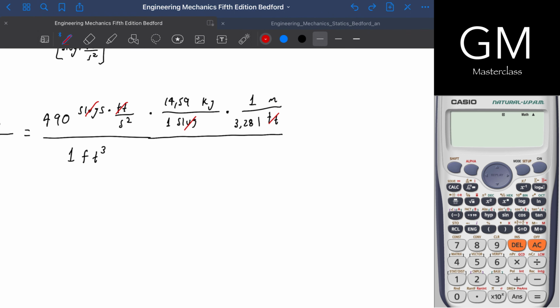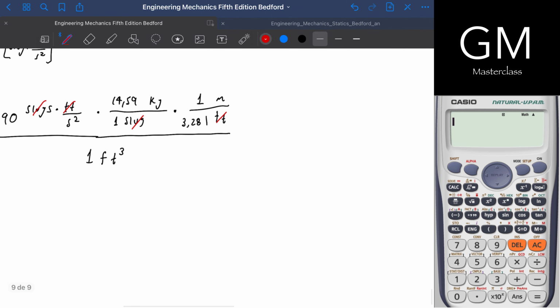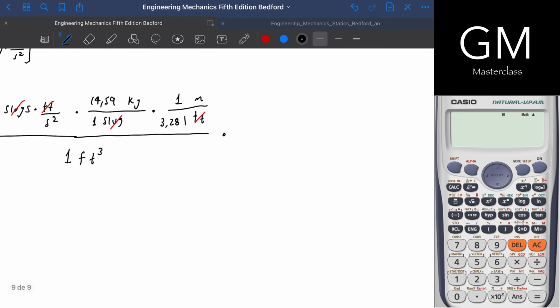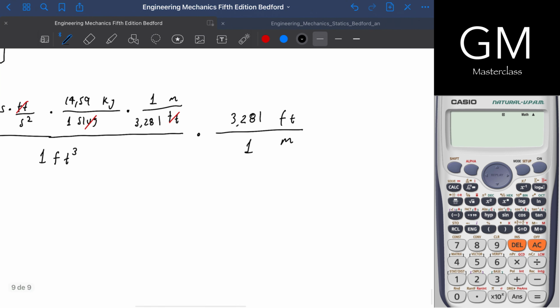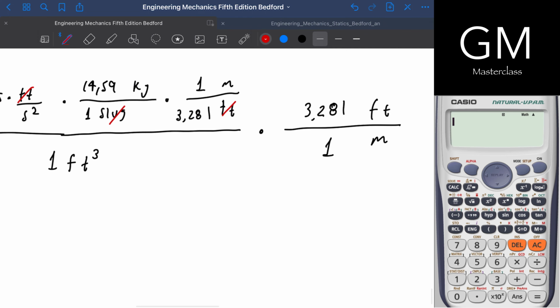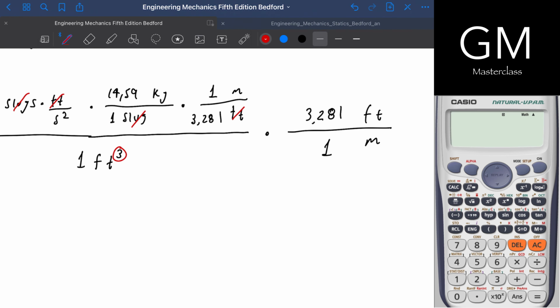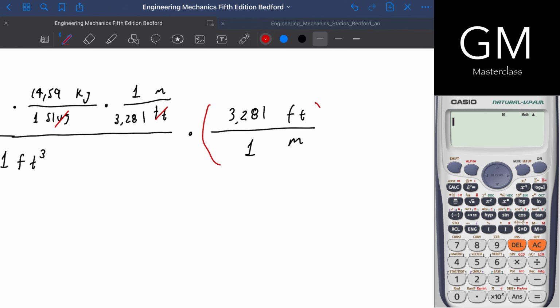Now I have to change these feet to the third power. How am I going to do this? I'm going to multiply this by feet and meters, and as I just did here, 1 meter is equal to 3.281 feet, but this 3 is pretty important because I have to evaluate the division to the third power.